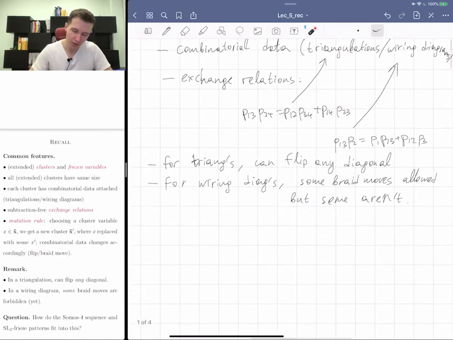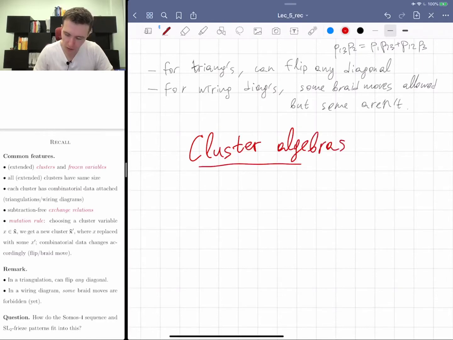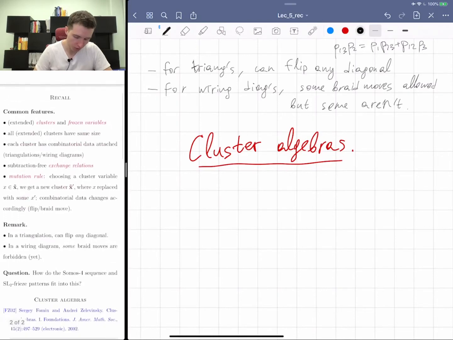So let me write down the topic: cluster algebras. They were introduced in this paper by Fomin and Zelevinsky, called Cluster Algebras I: Foundations.